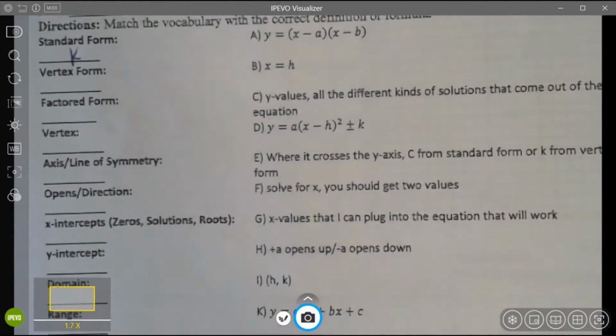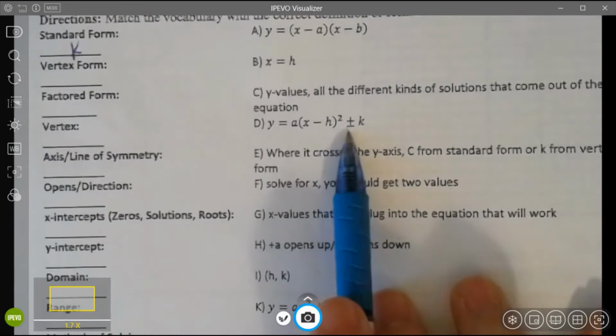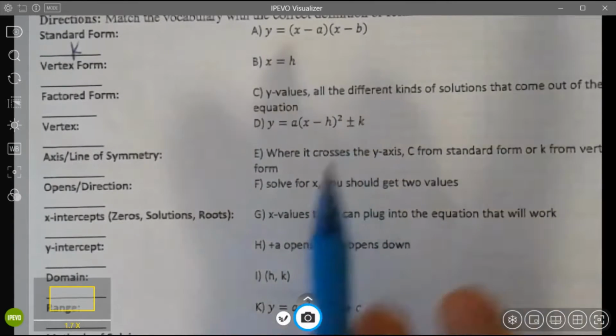The vertex form, this is the form that we used a lot when we graphed them. So that's going to be y equals a times x minus h squared plus or minus k. So you can clearly identify what the h and the k values are.